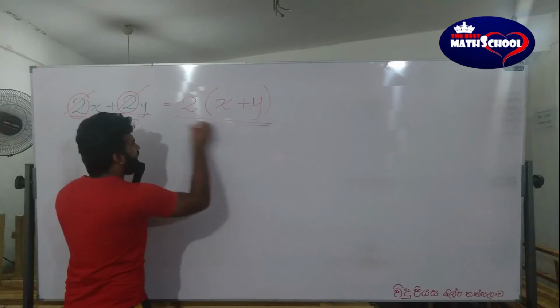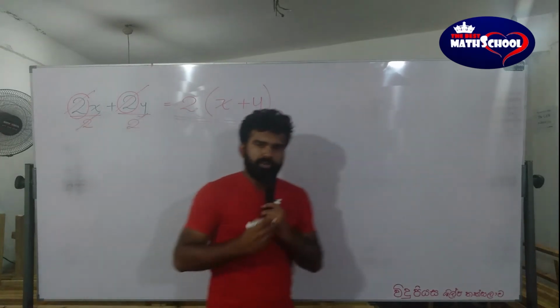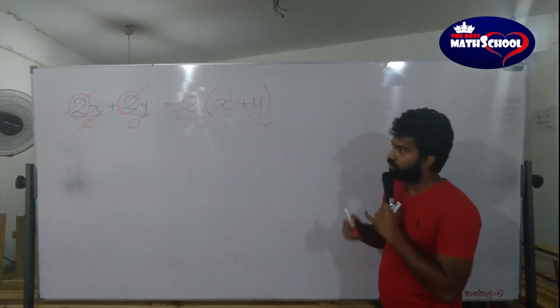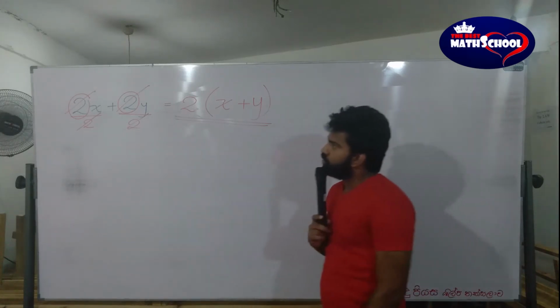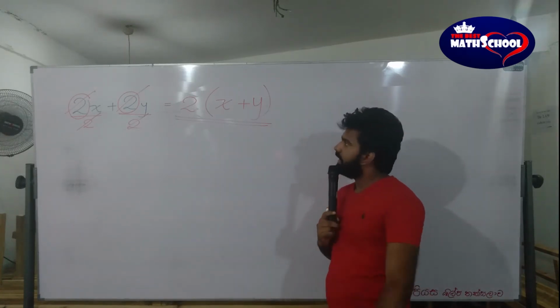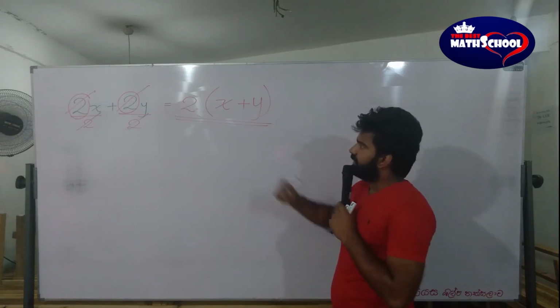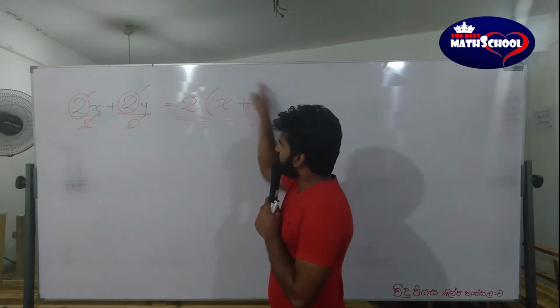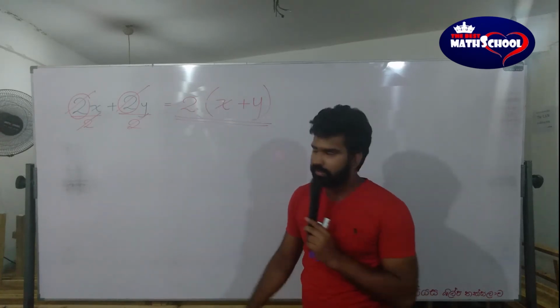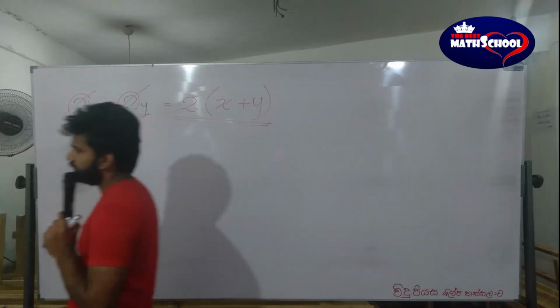So we can write it as a product 2 into x plus y. So in the algebraic expression 2x plus 2y, 2 will be a single factor and the next factor will be x plus y. So 2 into x plus y. That's all. Got it? Right. Take this down as the first example.